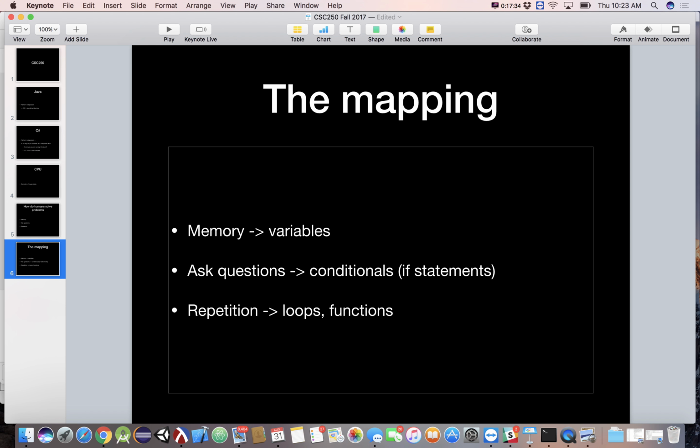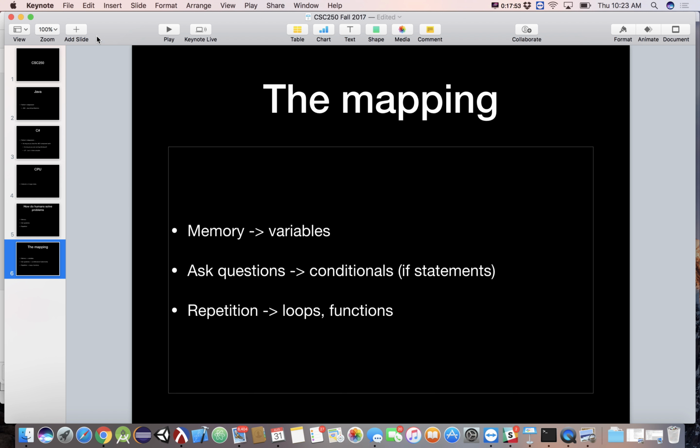We know enough to be dangerous in Python or whatever language you've had before. And now we're going to translate that over to the Java world. Programming is programming. We're not going to have to change the way we solve problems. We're just going to change the words we're using, and not even that much.